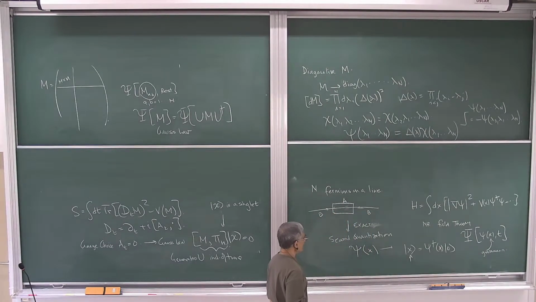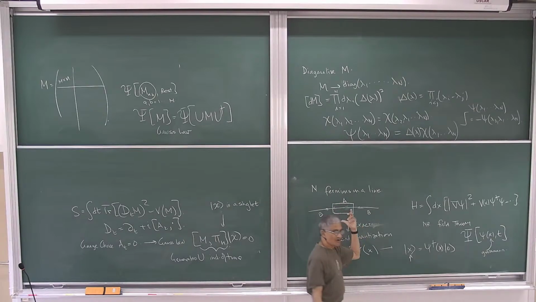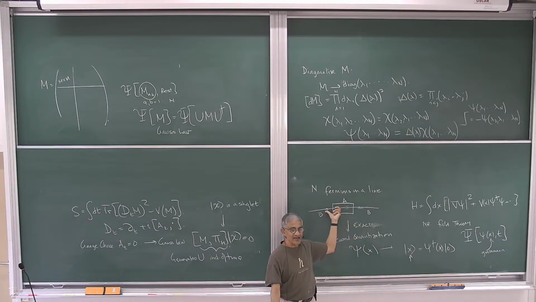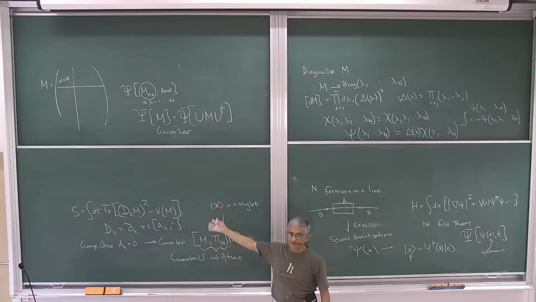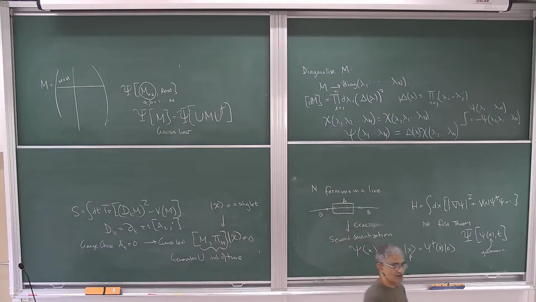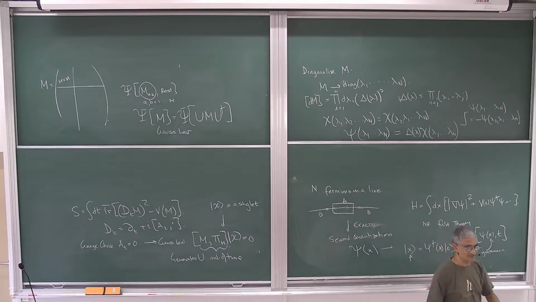If I have observables which are made out of the fermion fields only in the region A, just like what we did in relativistic field theory, I should be able to define a reduced density matrix. That density matrix quantifies entanglement of a region A with the region B, not of a certain number of fermions with the rest.